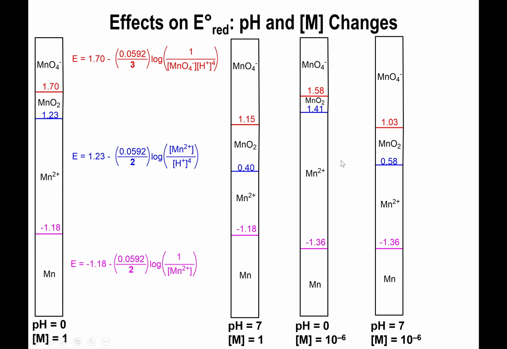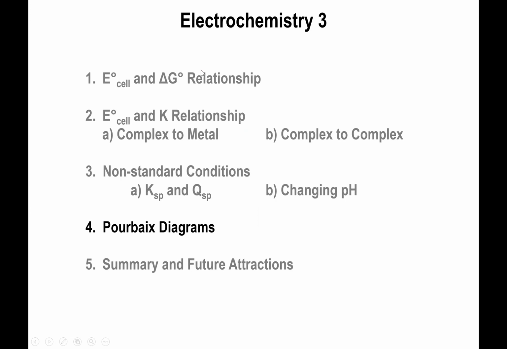But mind you, as of now, everything else is a possibility. I could give you concentrations in the micromolar range for everything else, keep the pH at 0 or change it to 7 or some other value. So just be aware that for the pH, you're going to have to raise 10 to the negative pH to get the hydronium concentration.